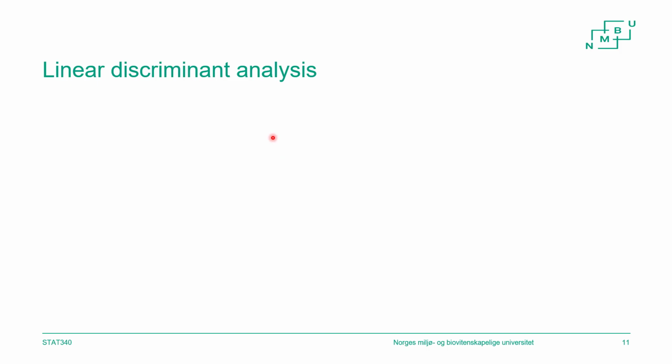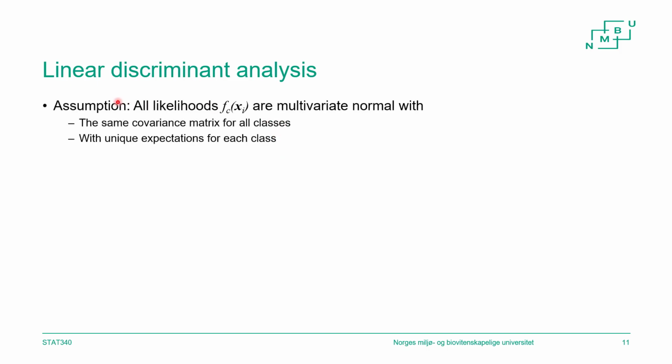Linear discriminant analysis, what is this? Here we look at a method that uses one idea of how the likelihoods should look. All likelihoods are multivariate normal densities with the same covariance matrix for all classes and with unique expectations for each class. What does it mean?